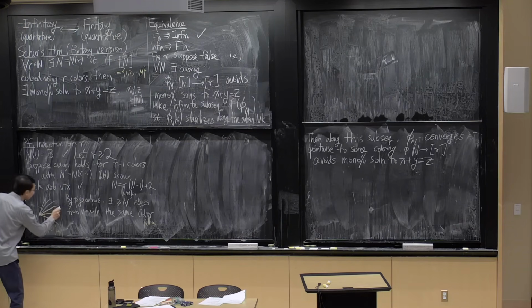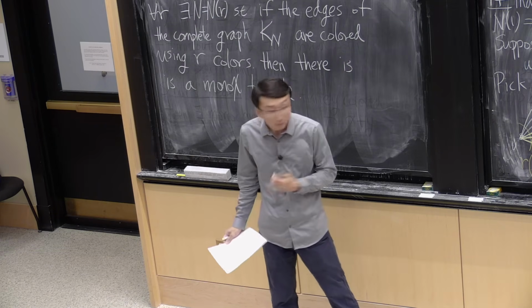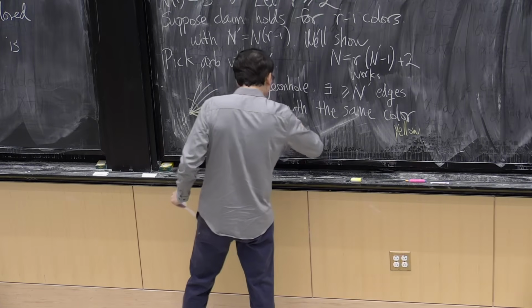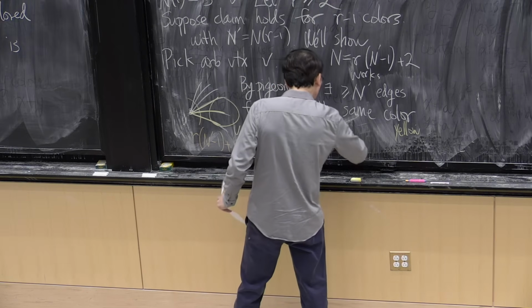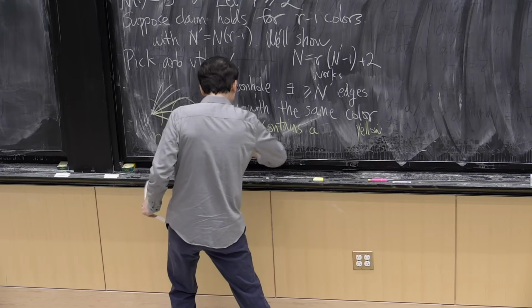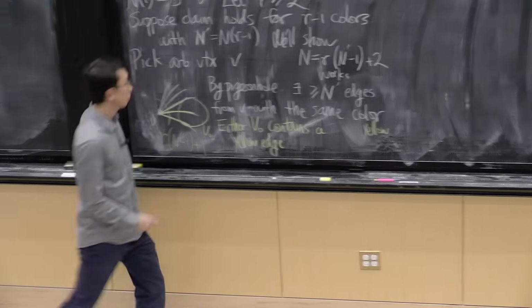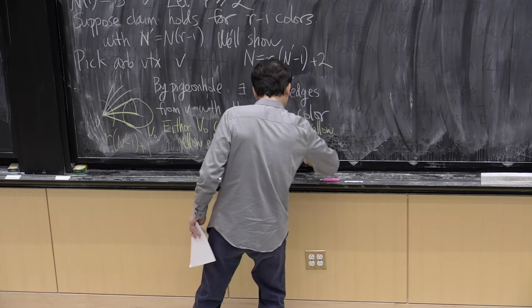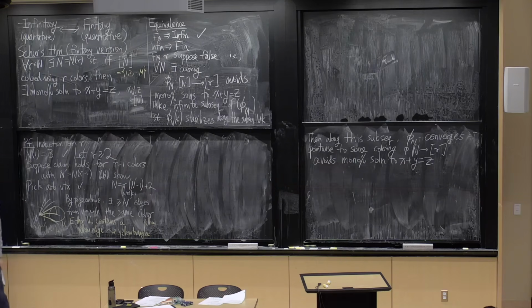And let me call the set of vertices on the other end of these edges V naught. Okay, so now let's think about what happens in V naught. Right, so in V naught, either V naught contains a yellow edge, in which case you get a yellow triangle. Or we lose a color inside V naught, so the number of colors goes down.